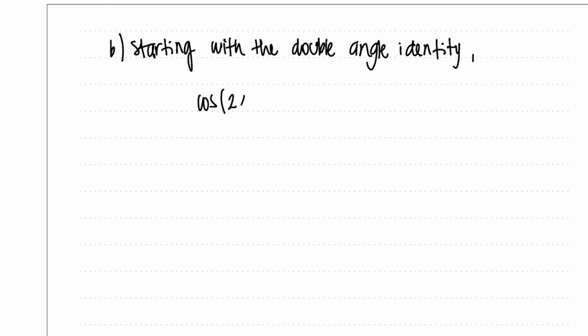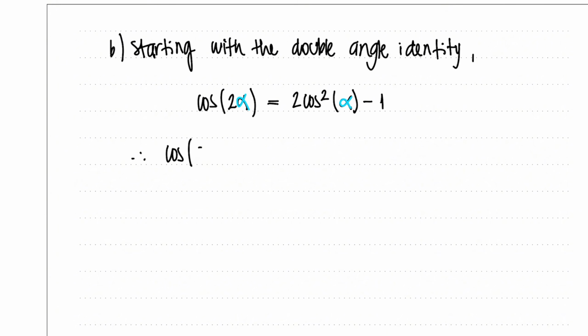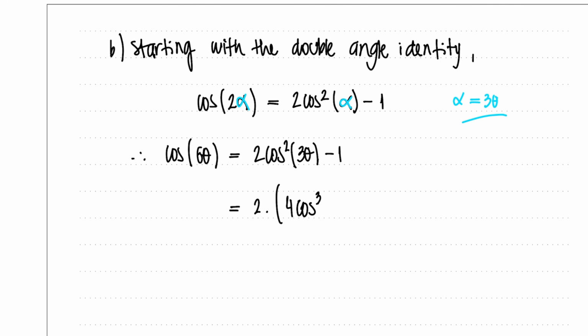We know that cosine of 2 times an angle, let me call this alpha for now, is equal to 2 cos squared of alpha minus 1, which means that if we replace this alpha by 3 theta, we get cos of 2 times 3 theta, which is 6 theta, equals 2 cos squared of 3 theta minus 1, which is 2 times whatever we got from before, which is 4 cosine cubed of theta minus 3 cosine of theta, squared, minus 1.